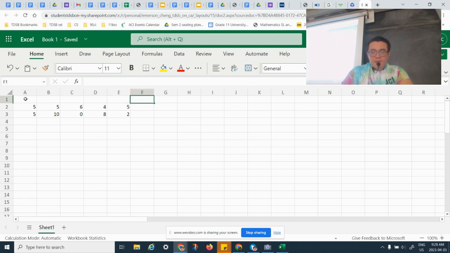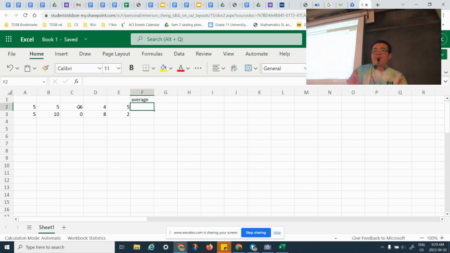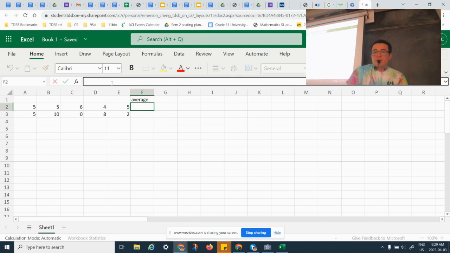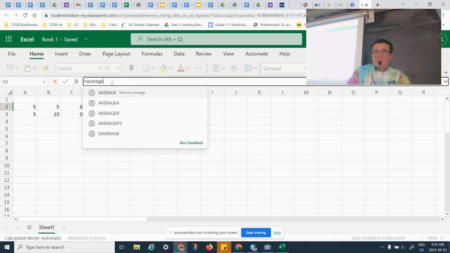So anyways, one nice thing about Excel is this. So look up here. Let's just say I want to calculate the average of this one here. So I will type in equal, and I just type in average, bracket.